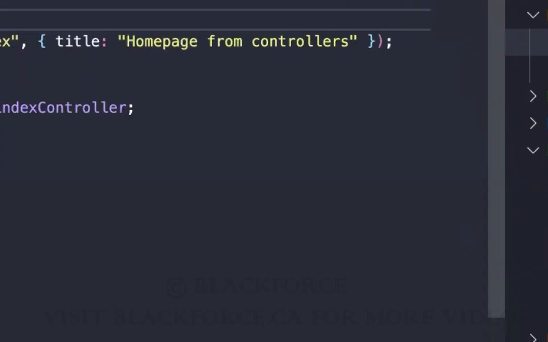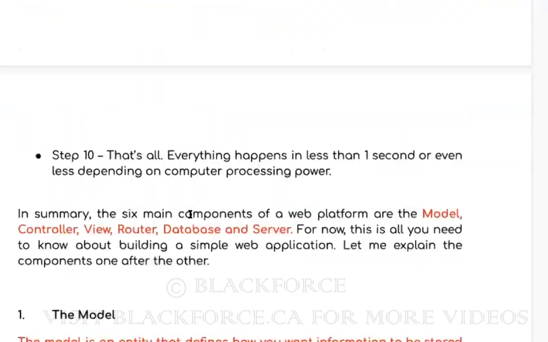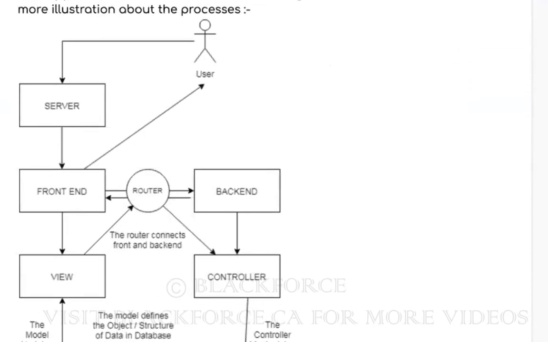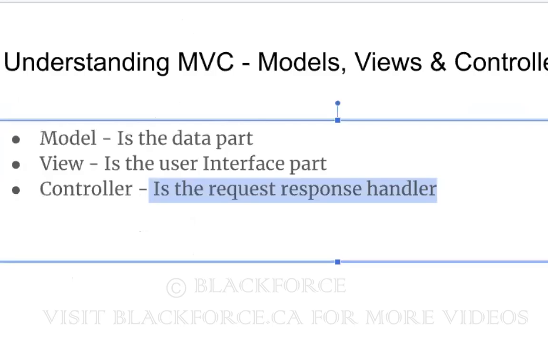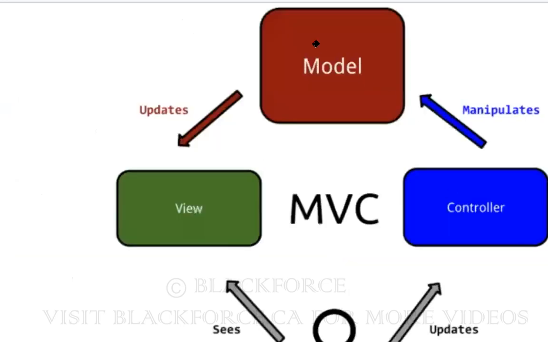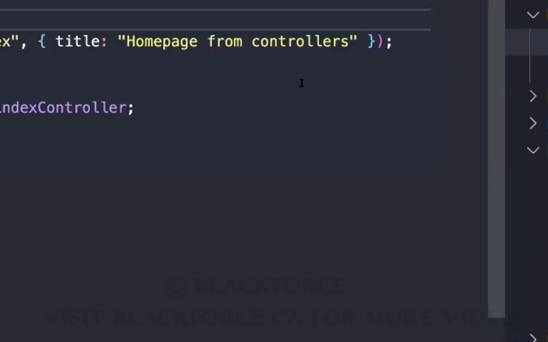So we said controller manipulates model and updates the view, right? If you look at all these images, you're just going to understand how it all works. Controller manipulates the model. So I'm going to simulate data manipulation here, or simulate a data model here.